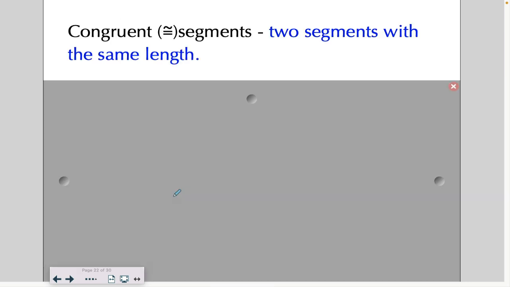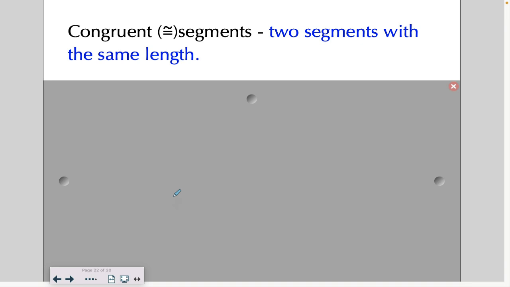How many of you have heard of this term before, congruent? Just ever. We don't use it very much in algebra. You're going to use it a lot. You got to get used to drawing the little symbol too. So when you have congruent segments, get used to it. It's this little squiggle with the equal sign. These are two segments with the same length. It's a term we usually use specifically in geometry.